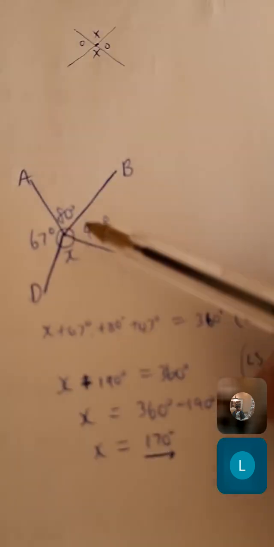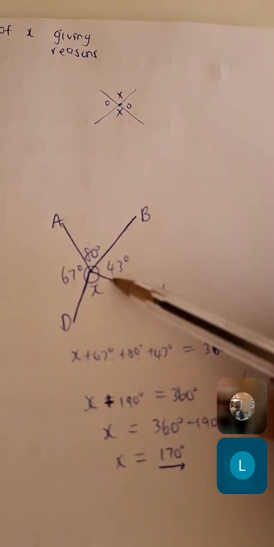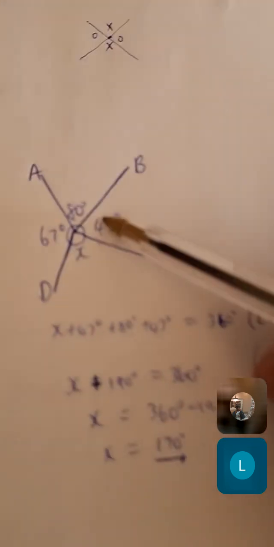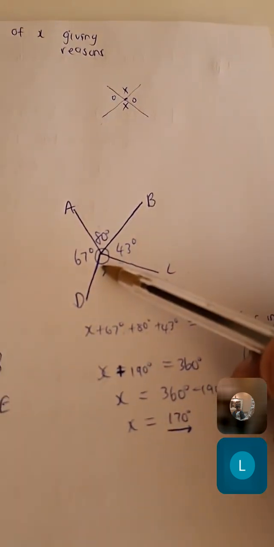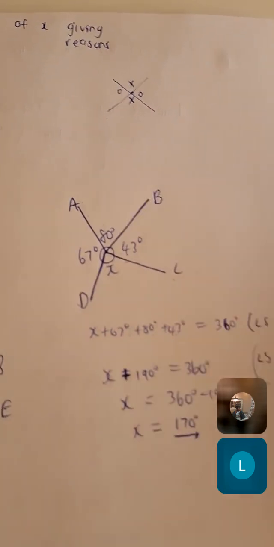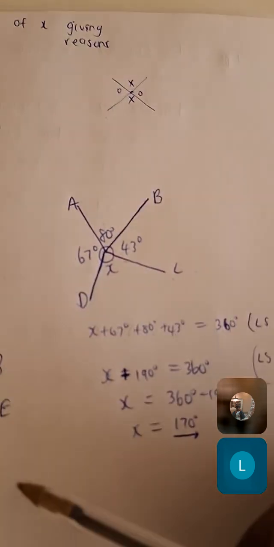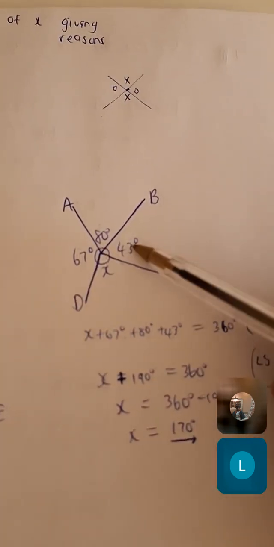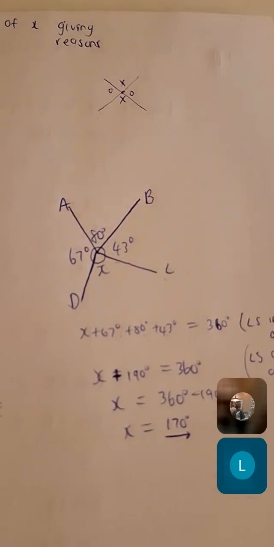So in this situation, we have to look at something else. Also, here's another thing. You can't say that these angles are angles on a straight line, because this line is basically at an angle. You see, it's not straight. So you can't say x plus 43 degrees is equal to 180, for instance.